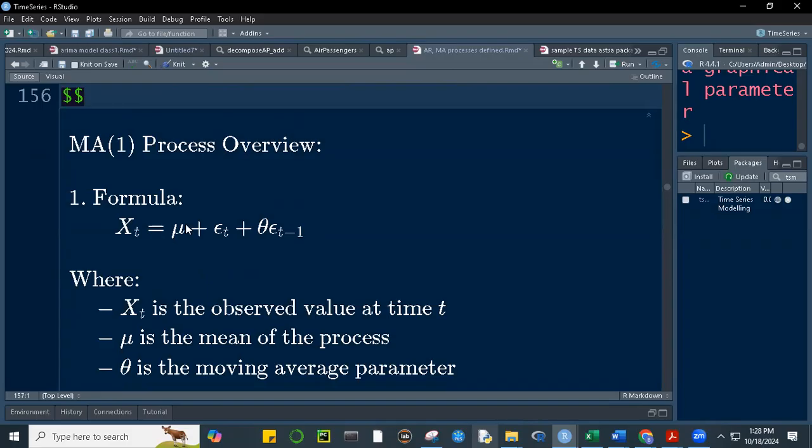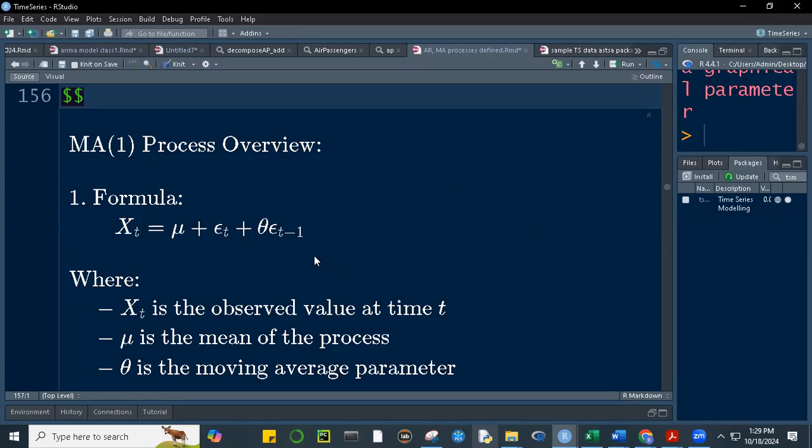So in the MA process, the constant is already your theoretical mean. Unlike in the AR process, where you have to compute for your theoretical mean using c over 1 minus Phi, for an MA process, this one is already the mean.